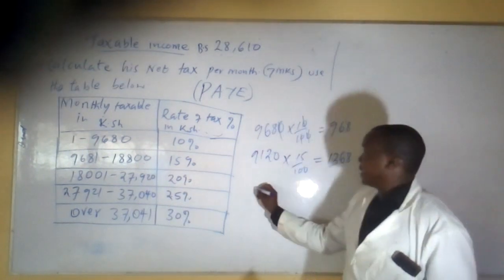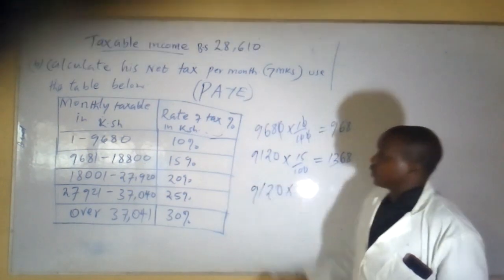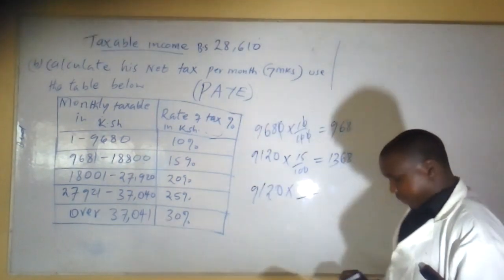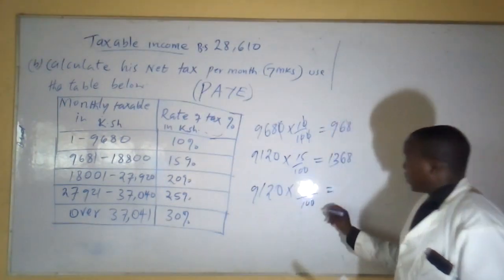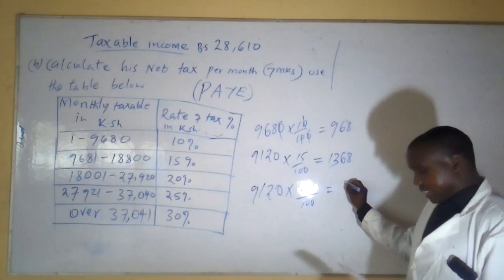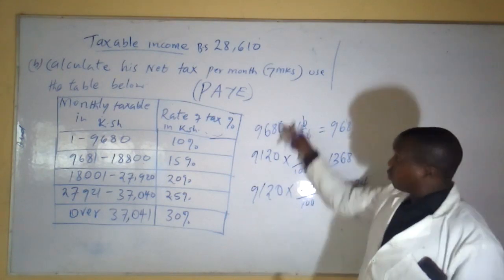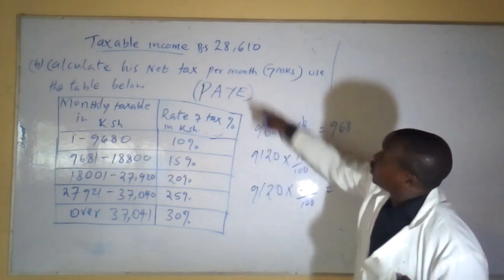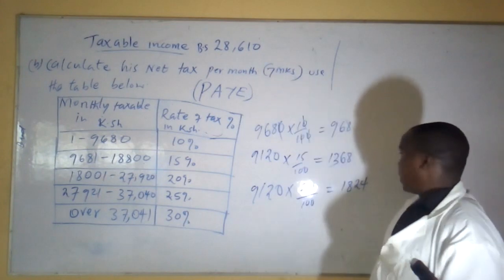That will give us 9,120 times the next band, which is 20 over 100. This one will give us 1,824. As you move down, you must ensure that the total here does not go beyond our taxable income.